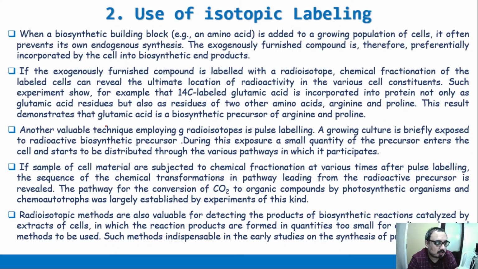When a biosynthetic building block is added to a growing population of cells, it often prevents its own endogenous synthesis. The exogenously furnished compound is therefore incorporated into the cell's biosynthetic end products. As you all know, radioisotope labeling can help us find out the structure, and carbon and nitrogen are the main structural elements of any living organism, especially carbon.